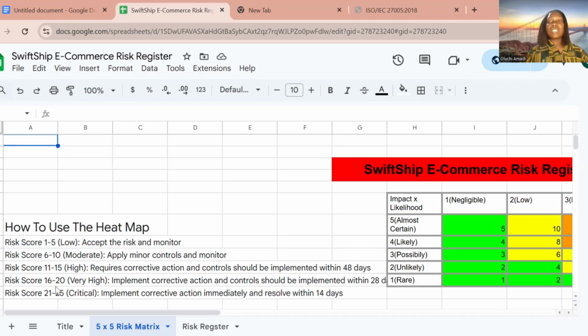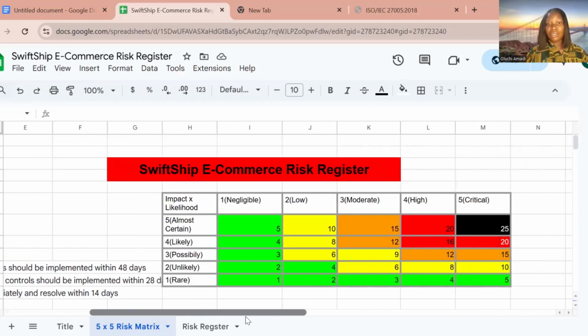If the risk score is 16 to 20, then it's very, very high, and controls should be implemented earlier than if it's high. If it's critical, there needs to be immediate control. If the risk is critical, it can destroy your business in a short period of time, so you need to take immediate action.